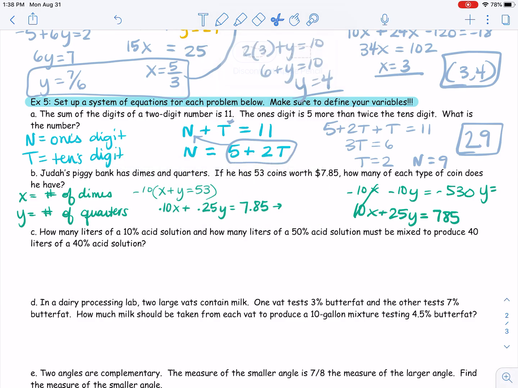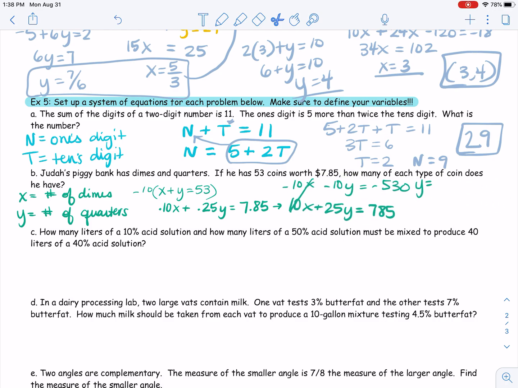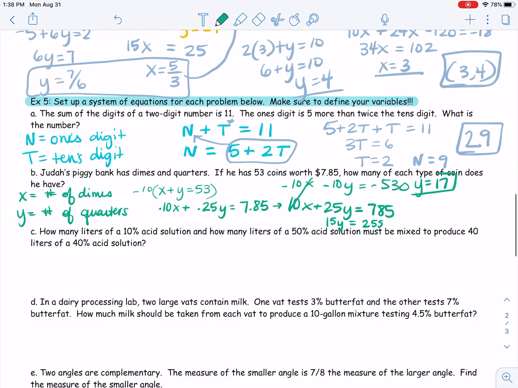I can get y to equal 17 if I do the math. That would be 15y equals 255. Divided by 15, I get y to be 17.